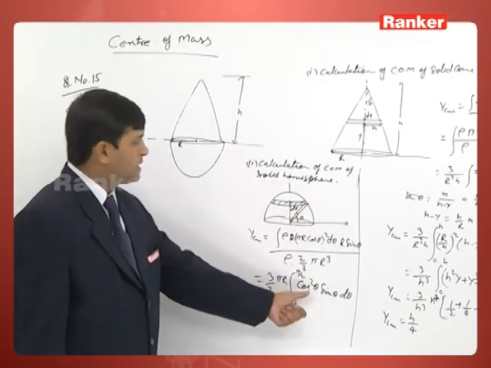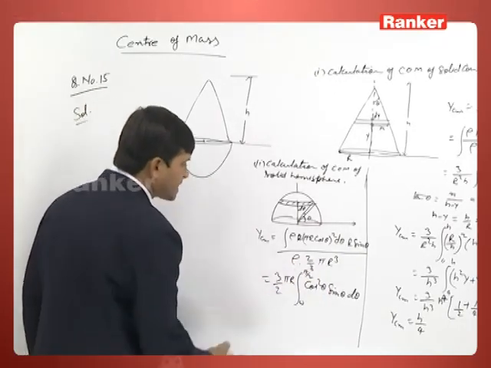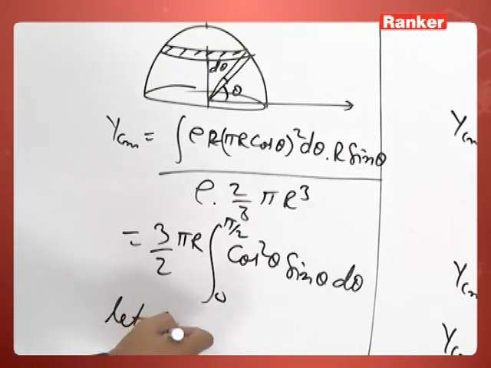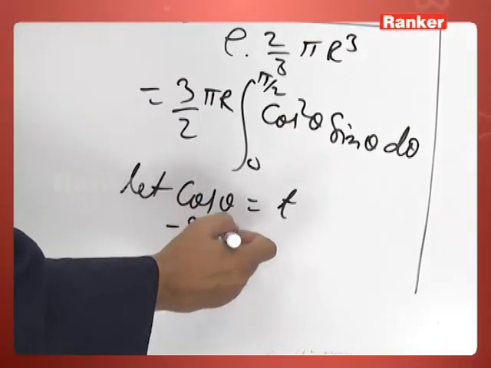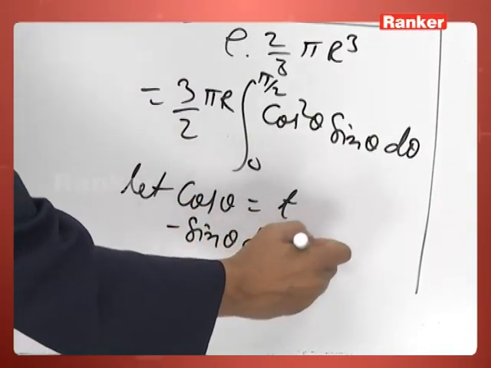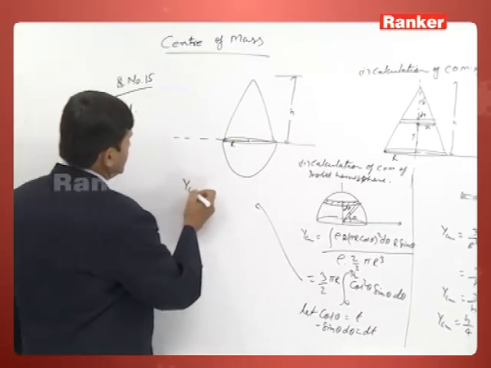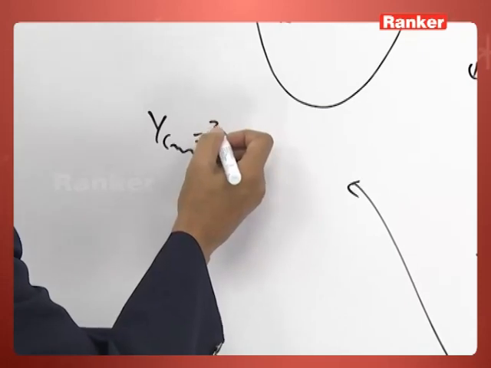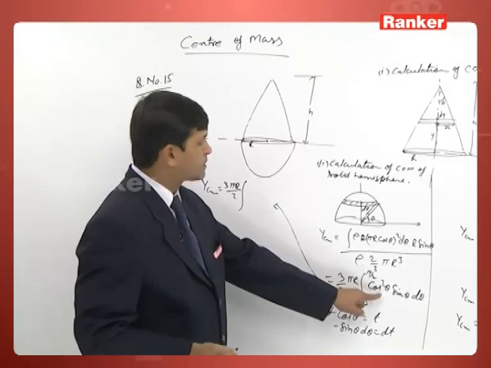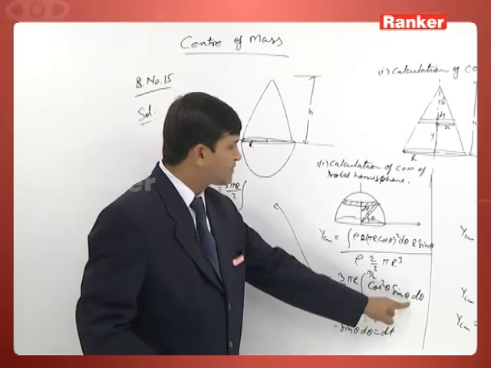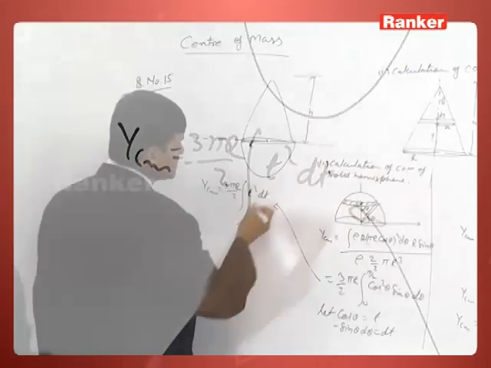Now integrate this one. Consider cos theta as t. Let cos theta be t, minus sin theta d theta is your dt. The same expression. The YCM is your 3 pi r by 2, cos theta as t, the t square, sin theta d theta will be minus t, so minus t square dt.